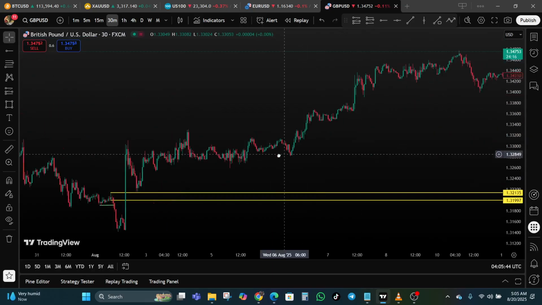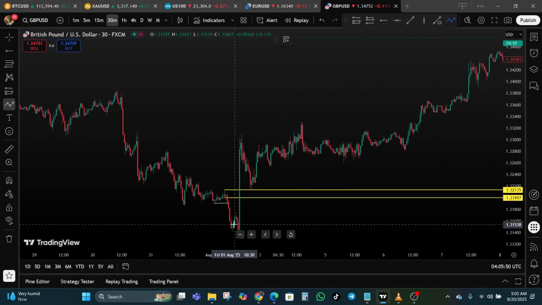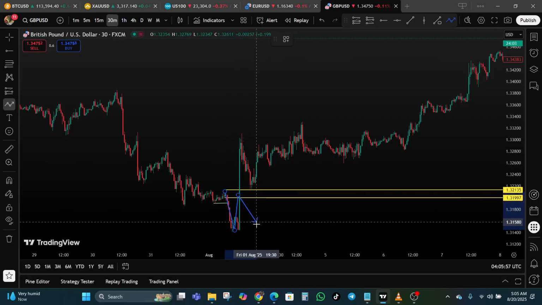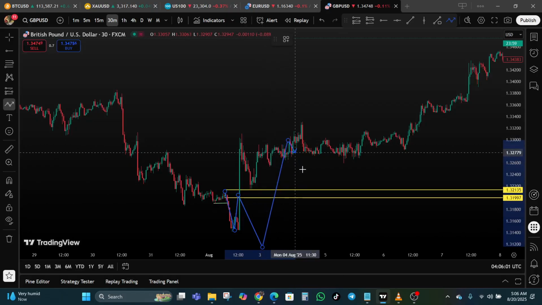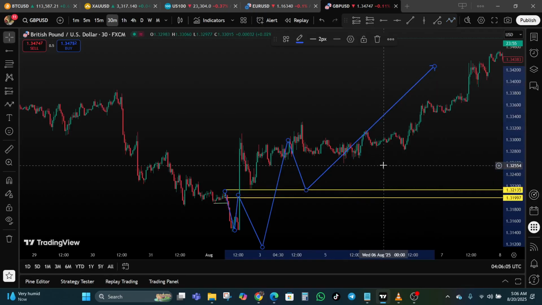For want of time, just know that it's a situation whereby, let's assume that this was respected initially, and after being respected, eventually price broke above it, came and tested, then continued going back up.